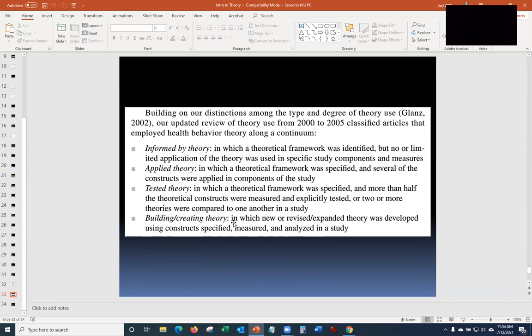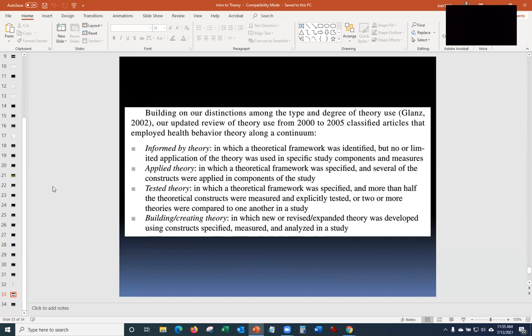Building or creating theory would be like working from scratch, or maybe even some of the evolution of theory that we'll talk about along the way, where constructs are added or deleted. Testing theory is where we take a theory or model that we believe works very well, and we actually go out and collect data with it through scales like the ones we've looked at here today as a quick example.